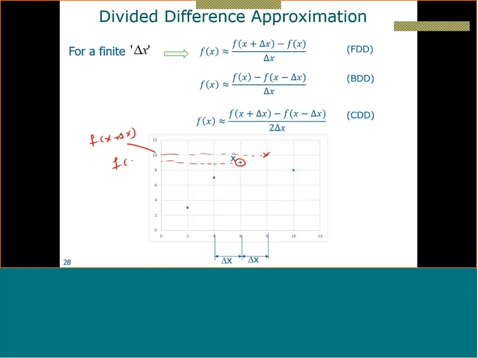Now here the problem that you will face is that delta x you have no control. In the continuous function, we usually tell you, okay, start with delta x equal to 0.5, reduce delta of x to 0.25, or delta x to 0.1. Whatever the value is, you can do that there, because you have a continuous function, and you can find this function at any value of delta of x that you want.